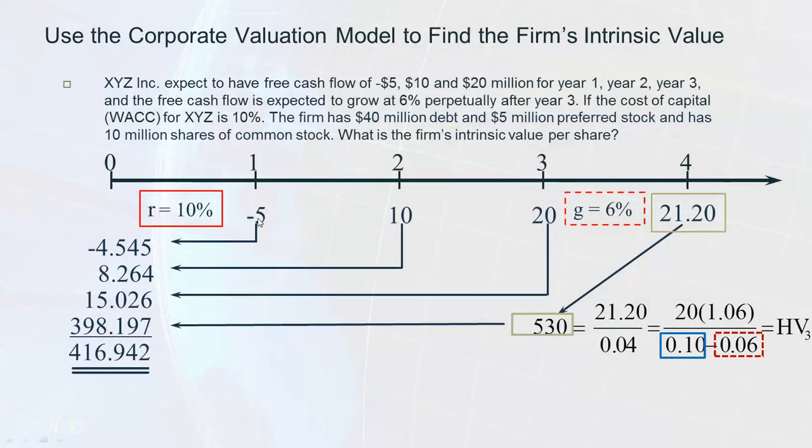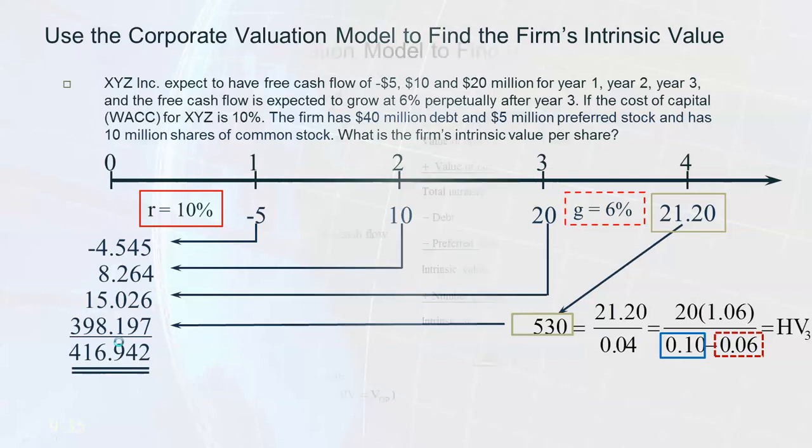For example, 5 divided by 1 plus 10%, 10 divided by 1 plus 10% raised to 2, 20 divided by 1 plus 10% raised to 3, and 530 divided by 1 plus 10% raised to 3. That's going to give you the total value of this firm.